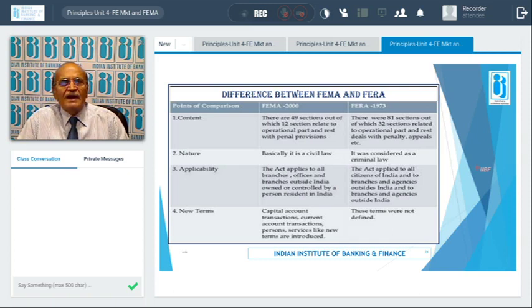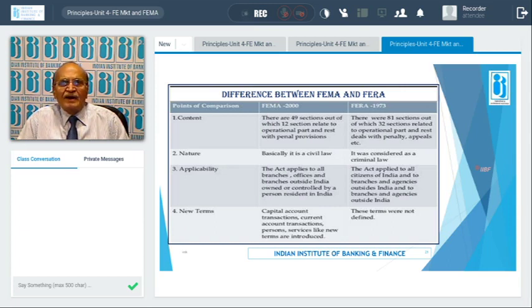In FERA, there are 81 sections, out of which 32 sections relate to the operational part and the rest deal only with penalty, appeals, etc. Whereas in case of FEMA, there are 49 sections as against 81 in FERA, out of which 12 sections relate to the operational part and the rest with penal provisions. In nature also it differs. FERA is considered a criminal law, FEMA is a civil law.